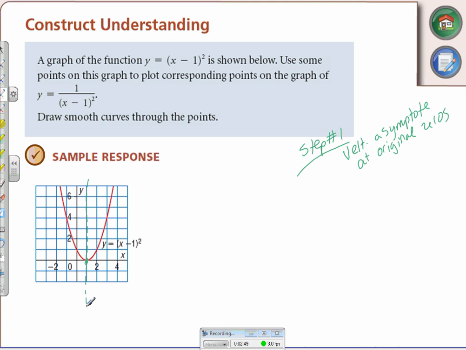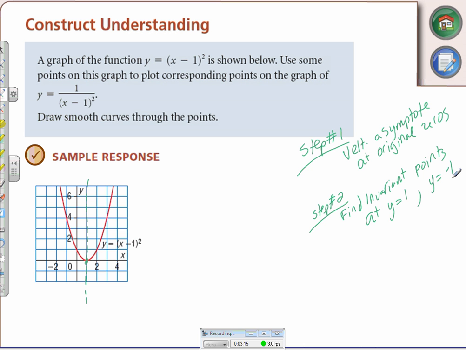Step number 2. You want to draw the line y equals 1 and y equals negative 1 to get your invariant points. So your invariant points at y equals 1 and y equals negative 1.